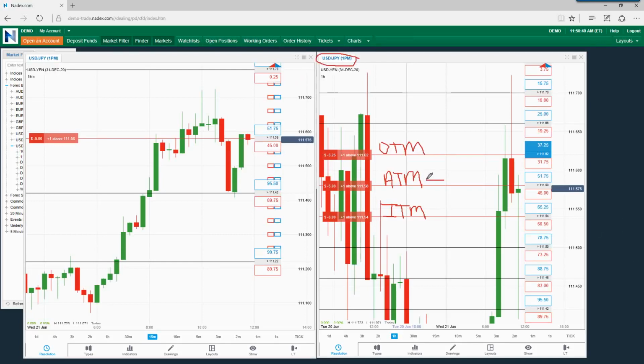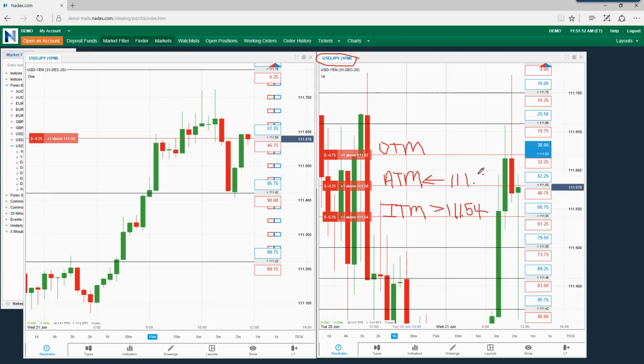In order for this one to make money, price has to get above 58. Now, this one will make money as long as it stays greater than 111.54. That's your strike price. This one is about 1 tick away from being in the money.